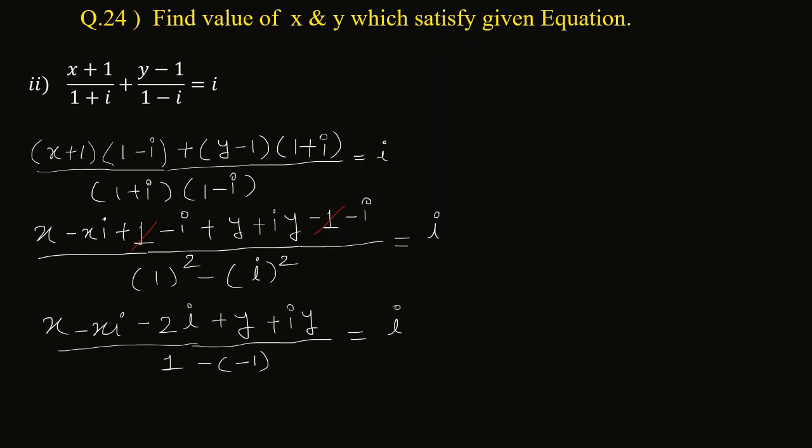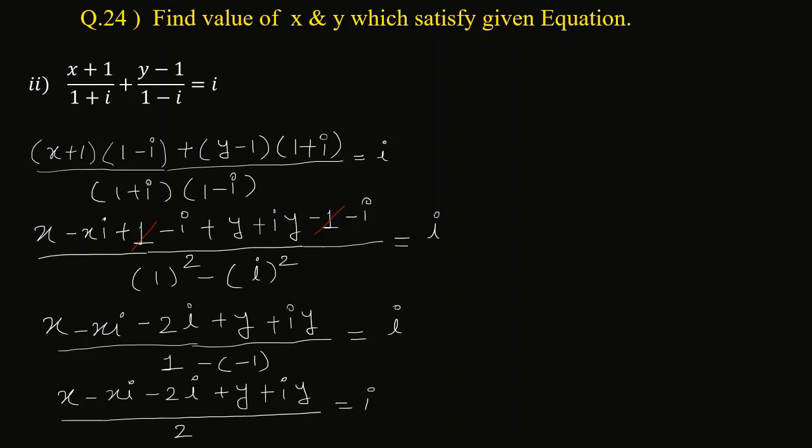Now for the numerator we write the terms as it is: x minus xi minus 2i plus y plus iy, whole divided by minus into minus, which becomes plus, so we get 1 plus 1, that is nothing but 2, equal to i.